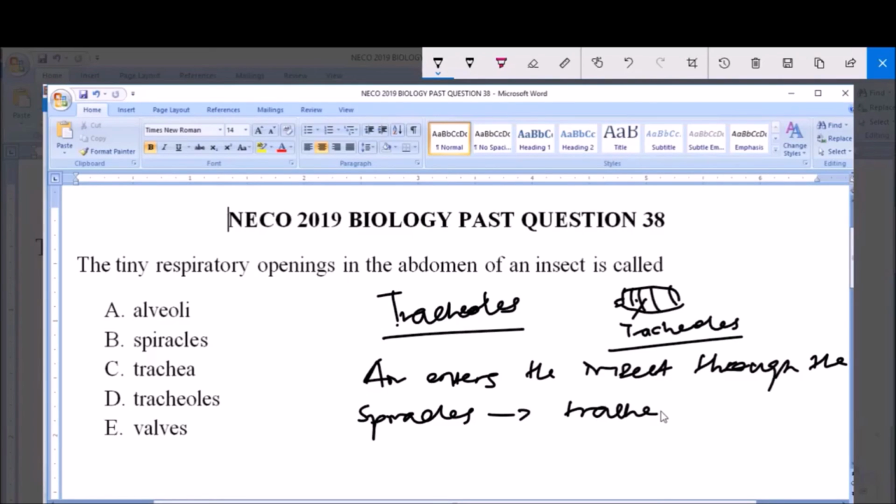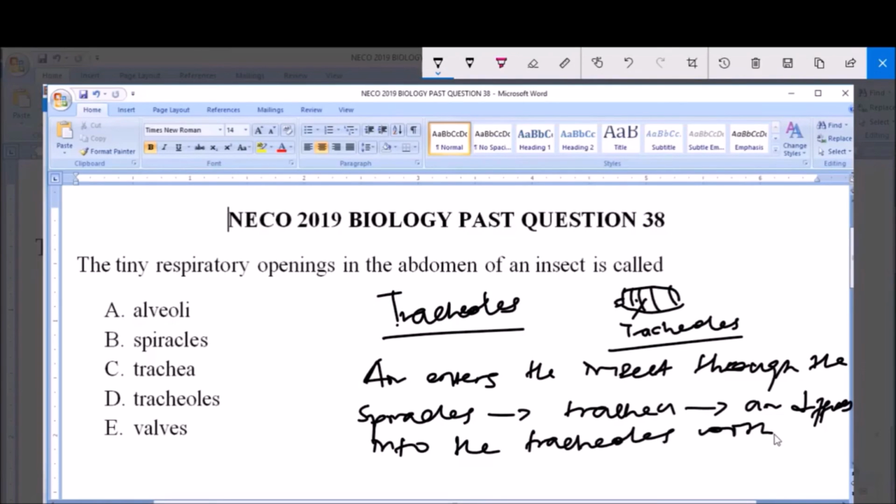Then from the trachea, the air diffuses into the tiny tracheals within the body cells, that is, within the abdomen. So now, from these tracheals, the air then goes back into the surrounding. So that is how it operates.